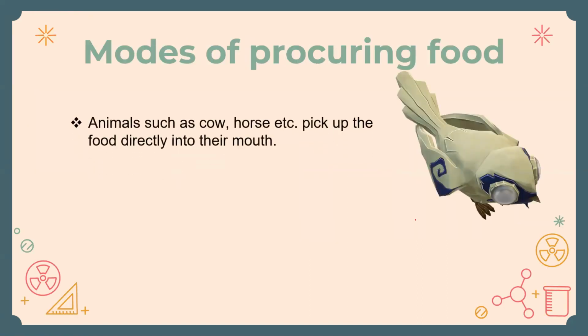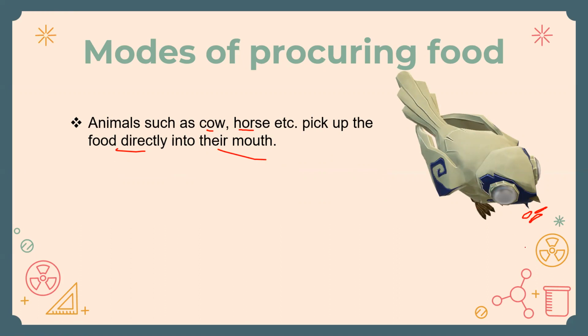So, modes of procuring food. Animals such as cow, horse, etc. pick up the food directly into their mouth, just like a bird. If there are some seeds of wheat, it will eat them like this.